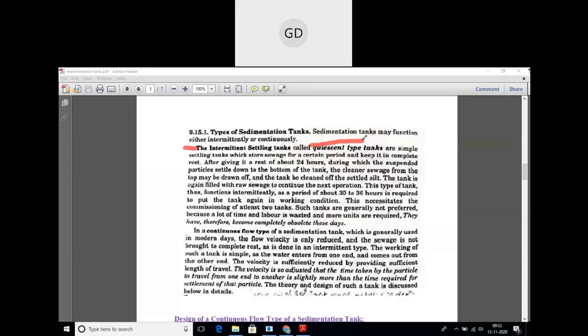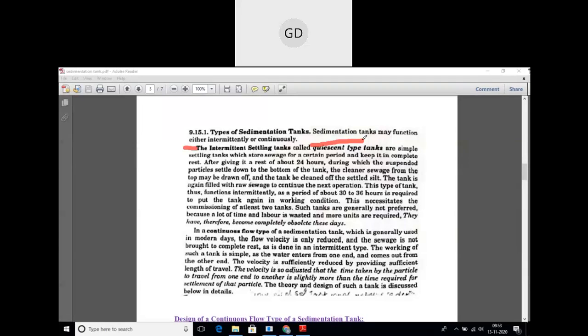They are simple settling tanks which store sewage for a certain period and keep it in complete rest. As I already told, in sedimentation we keep it for a detention period of 24 hours.